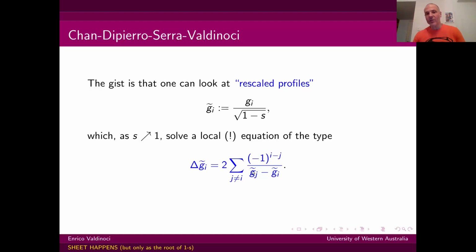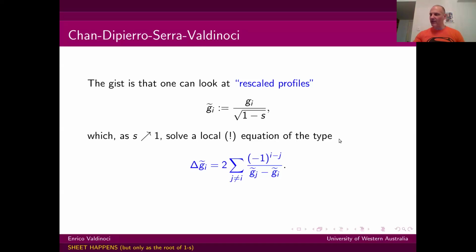But the worrisome part would be the denominator, right? Because if you are pessimistic, you say, okay, this is a terrible equation, because the denominator becomes 0, it blows up, and then you can say nothing on the solution. It's actually not the case, exactly because the separation of the g_i entails that the G tilde i are separated uniformly.